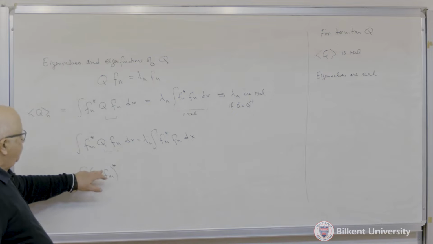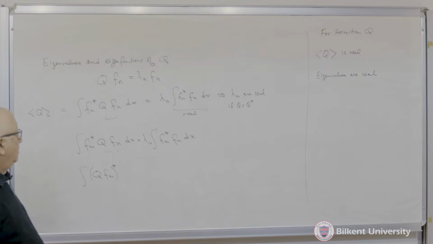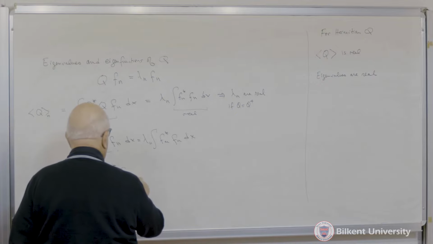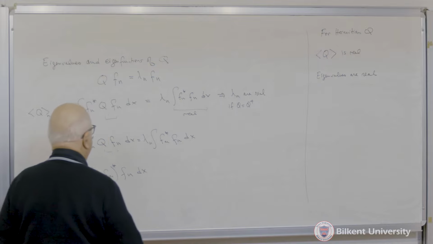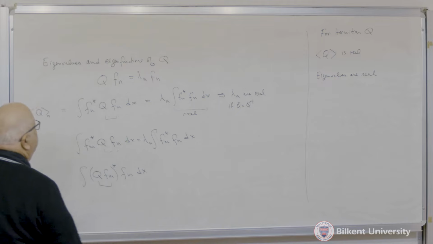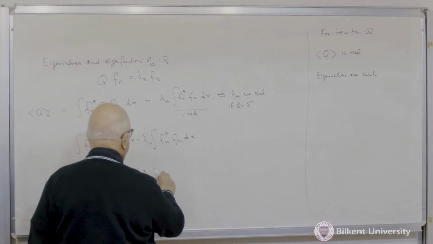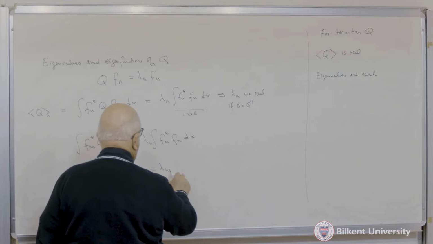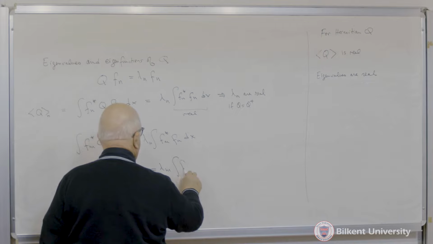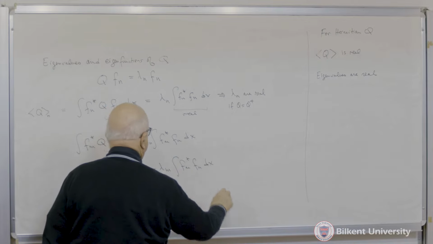Normally I would put in a Q adjoint, but this is a Hermitian operator, times fn dx. So this time Q is operating on fm, the other eigenfunction, so I'm going to get lambda m times fm star fn dx.